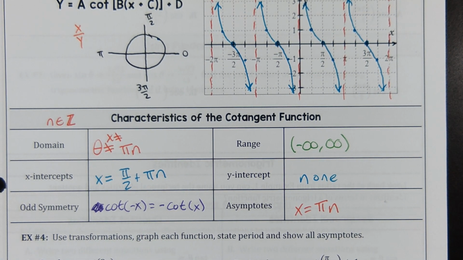So tangent, cotangent, and sine all have odd symmetry. Cosine and secant are the only ones that are even. Oh, so since sine is odd, so is cosecant. So you have sine, cosecant, tangent, cotangent are all odd functions. Cosine, secant are the only even functions.